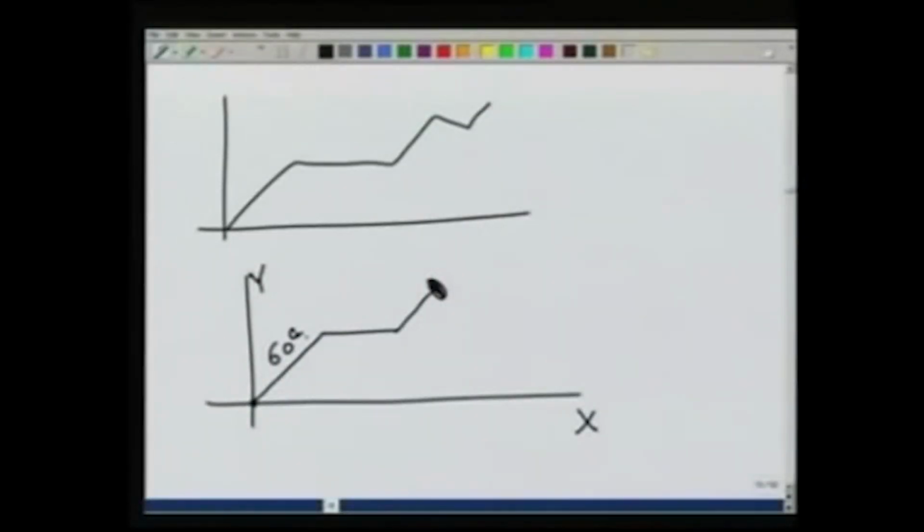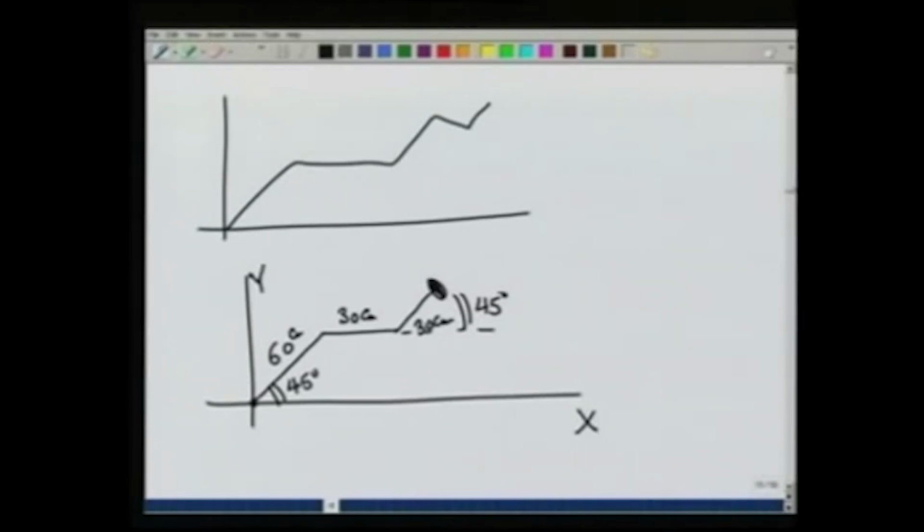So, let us take the length of this part to be 60 centimeters, this part to be 30 centimeters and this part also to be 30 centimeters. Let this angle be 45 degrees, let this angle also be 45 degrees.